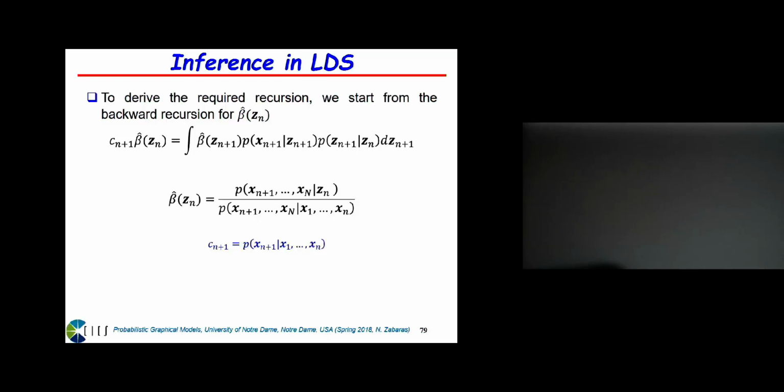This is precise like that. And again, the meaning of the beta message is the probability of having observations xn plus 1 to capital N, given that I start at state Zn at some value, okay? So that's the beta message.